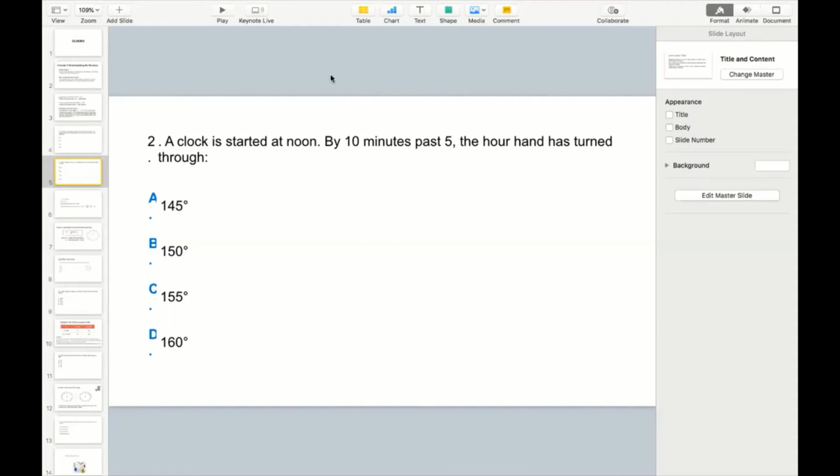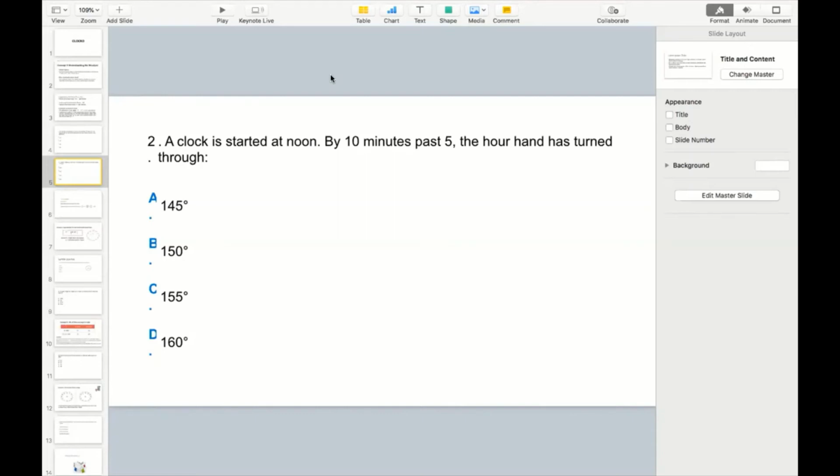But since the time is 5:10, the hour hand will be somewhere between 5 and 6. So for these 10 minutes, you need to think what is the extra degree rotated by the hour hand.